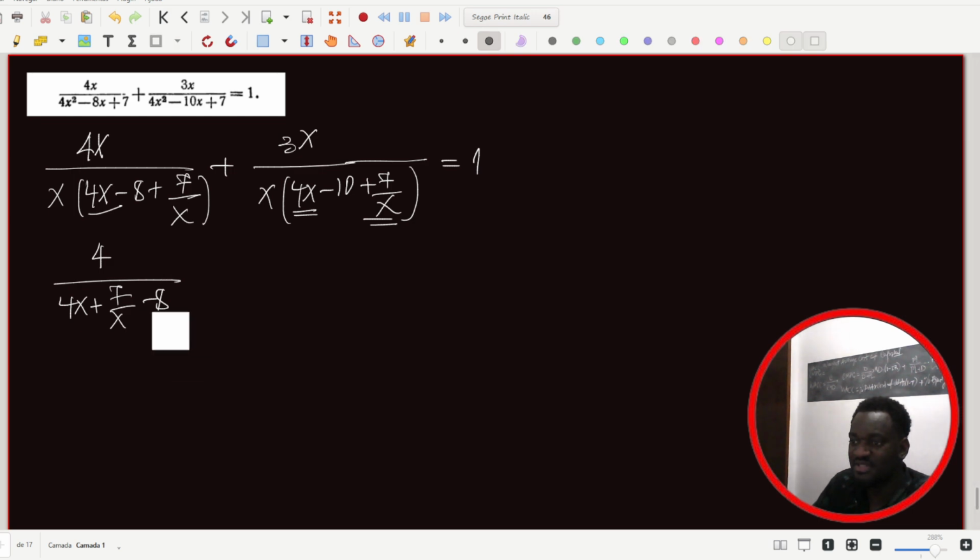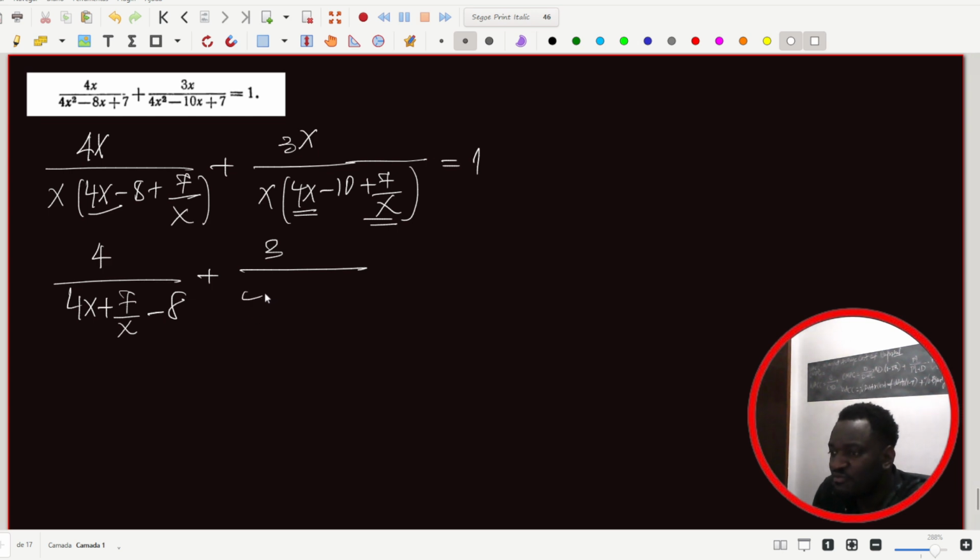Let me write this properly because it's kind of ugly. So we have 4x plus 7 over x minus 8, plus 3 divided by 4x plus 7 over x, and then minus 10 equals 1.